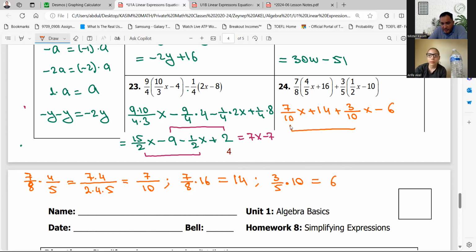What is 7 over 10 plus 3 over 10? 10 over 10, which is equal to 1 whole. Because 10 divided by 10 is 1. So it's just x. And now we have 14 minus 6. 8. Plus 8. That's it.